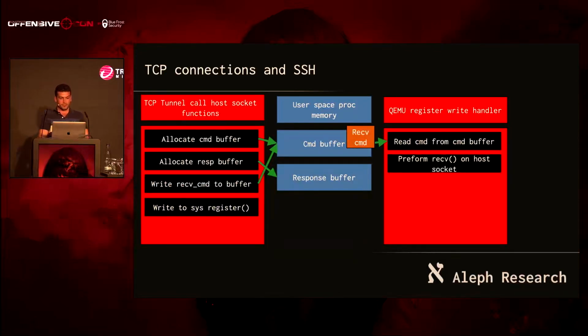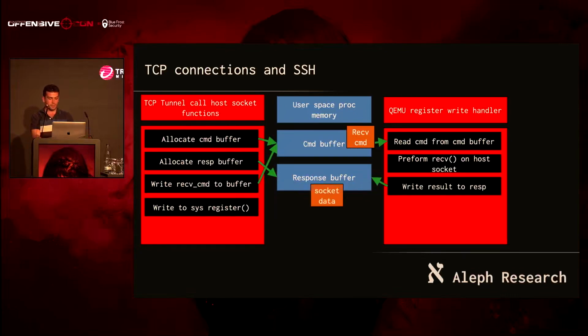So we read the receive command, and then since we got a receive command, we call the receive function on a host socket. And we write the received data to the response buffer. So now we have the response, the data that we got from receive, in the user mode process, in the TCP tunnel memory. And after we have this, we can just send this data to a local socket and therefore transfer data from a host socket to a guest socket.